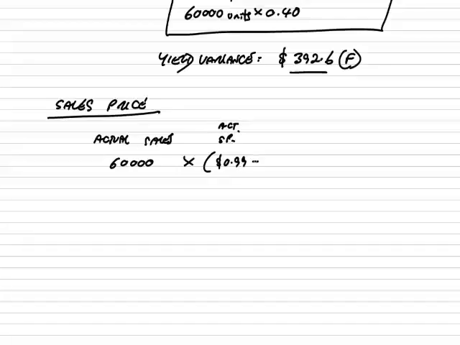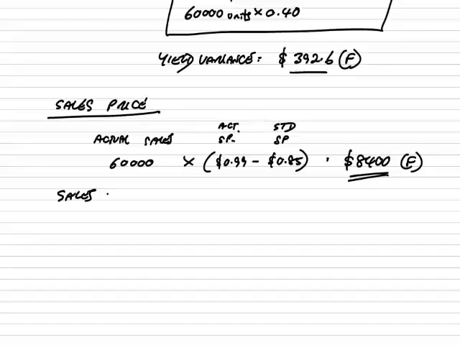What should we have sold them at? Well, if you look at the standard costs, the standard selling price, it should have been 85 cents. And so every cake, we got an extra 14 cents. In total, therefore, 8,400 is a favourable variance. And finally, even quicker, the sales volume variance.